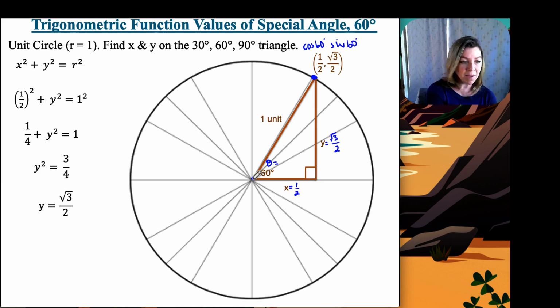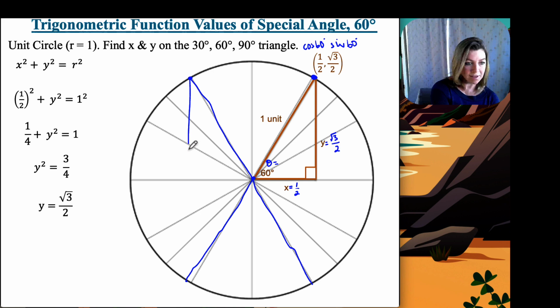We're going to do the same thing as we've done on the last two slides for this point right here, and this one right here, as well as this one right here. So if we go from this point, beeline it to the x-axis, we've got a congruent triangle.